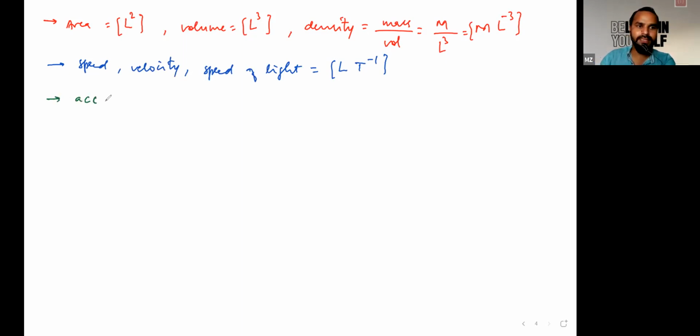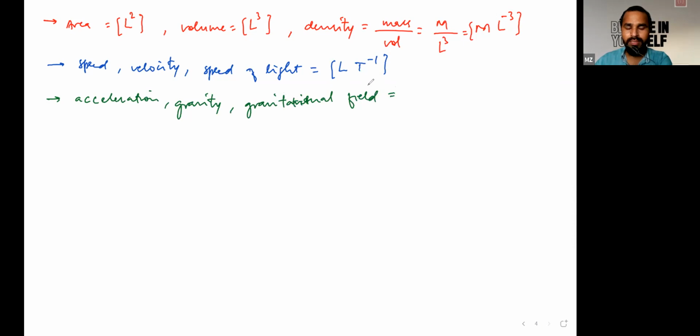Next is acceleration, gravity, and gravitational field. These all three define acceleration, and acceleration is velocity divided by time taken. For velocity, we have L T minus 1. If we divide it by time, it becomes L T minus 2.